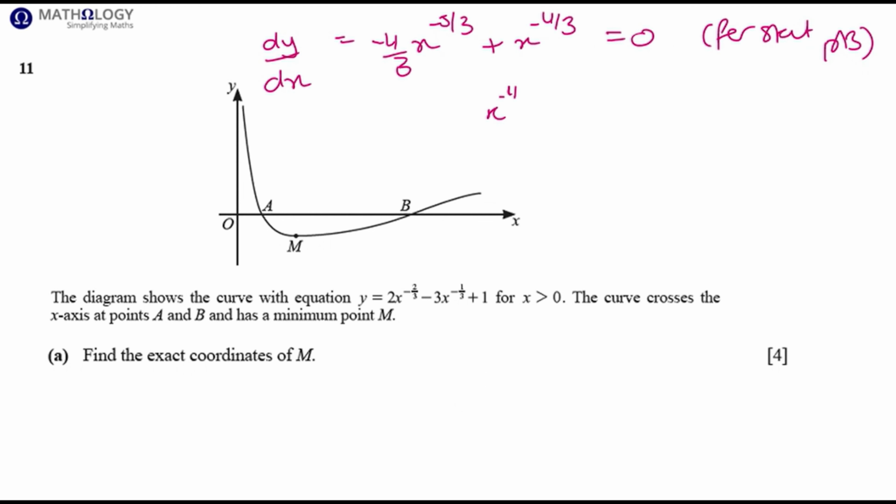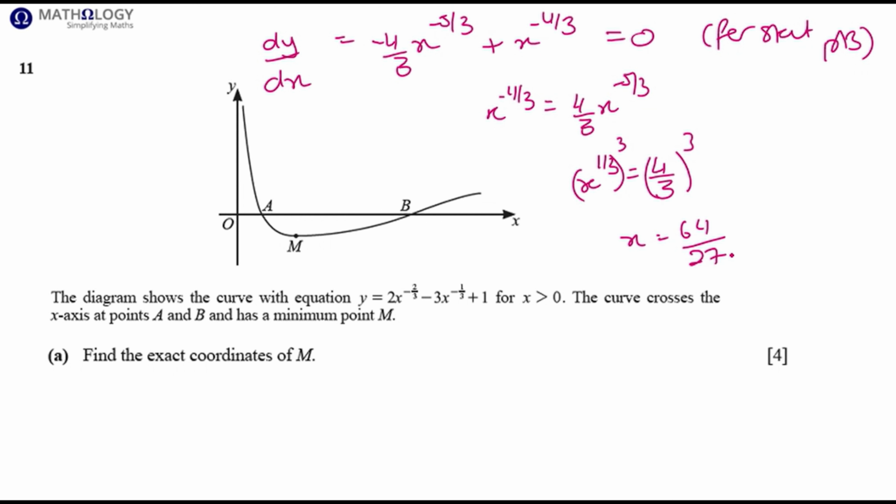So x to the minus 4/3 equals 4/3 x to the minus 5/3. Then we divide through by x to the minus 5/3, which means we'll have x to the third equals 4/3, and then we raise both sides to the power of 3, so x will be 4 cubed, 64, over 3 cubed, 27.